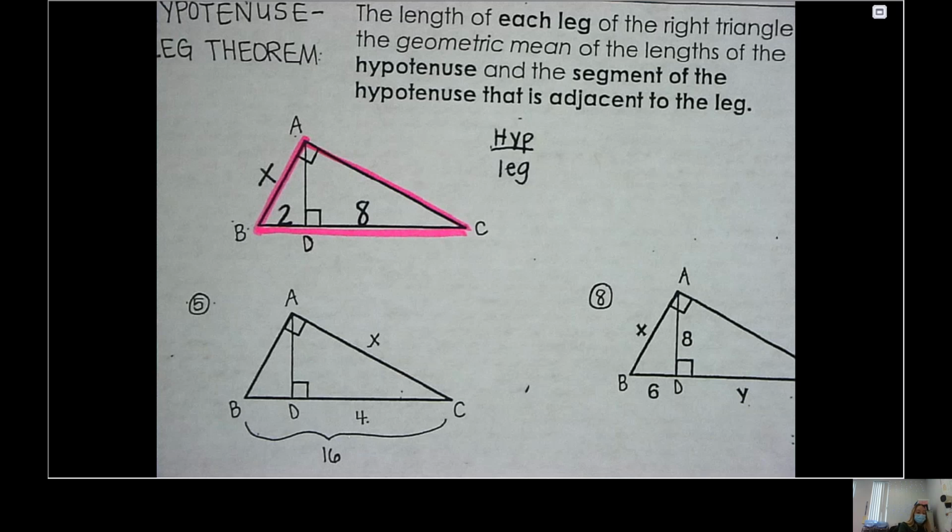AB, right over here, has the X. So this is the hypotenuse, and I'm going to divide it by this leg, AB. I'm going to set that equal to another hypotenuse and leg of the smaller triangle that contains this X value.